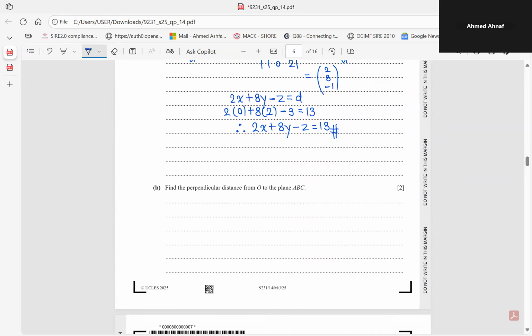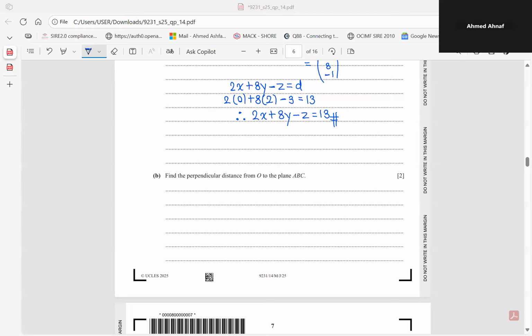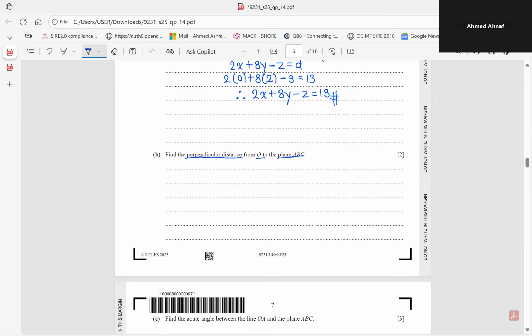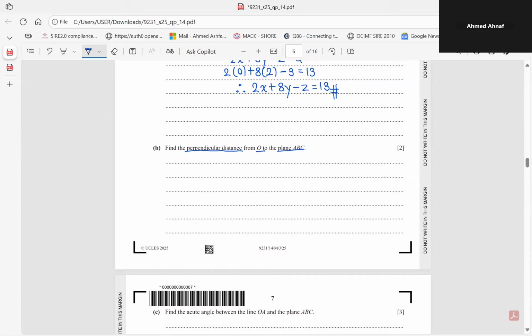Let's head on to the second part. Okay, so for this part, we're supposed to find the perpendicular distance from O to plane ABC. Okay, so to do this, let's sketch a diagram of this. So we'll let this be our plane ABC, and this would be our point O. And the perpendicular distance would be like this, okay?